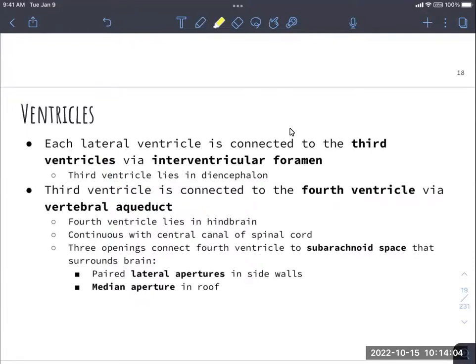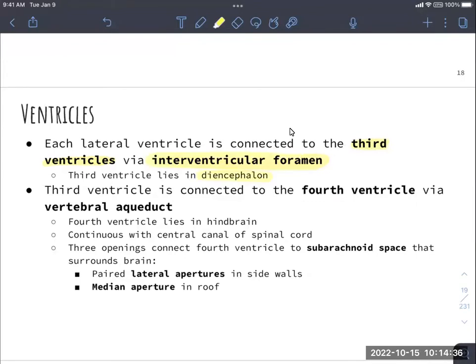So those lateral ventricles are going to connect to the third ventricle. We have a foramen. Remember a foramen from our bones? It's still the same thing in our brain. A foramen is a hole or an opening. So we have an interventricular foramen. That's what helps connect the lateral ventricle to the third ventricle.